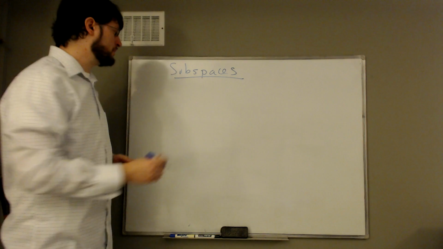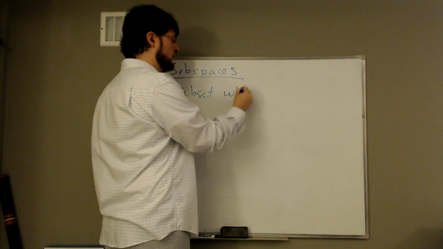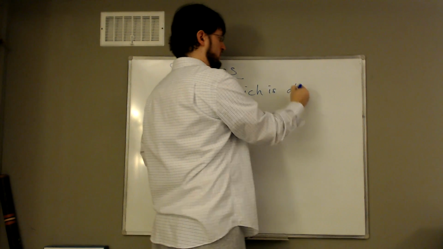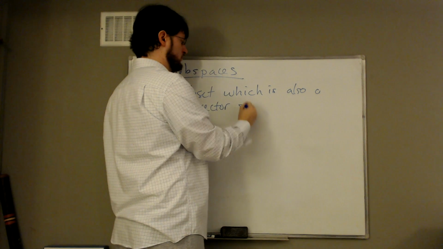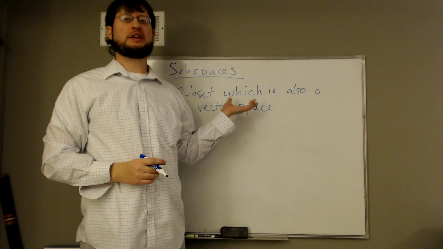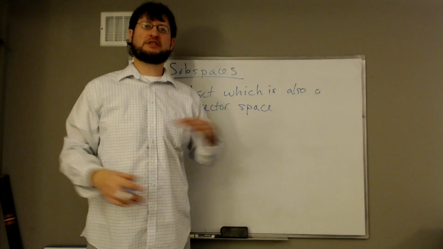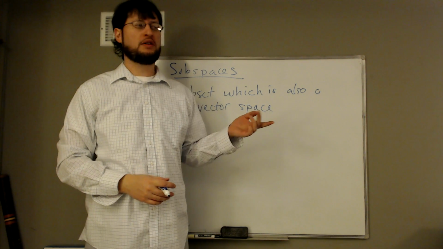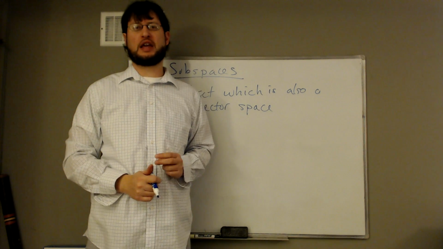Remember, a subspace is really just a subset, which is also a vector space. That's a little different than we described it before, but that's really all that we need to think about it as a subspace. So a subspace of a vector space is just a subset where it's still closed under addition and it's still closed under scaling.